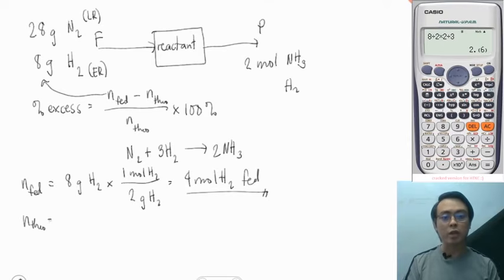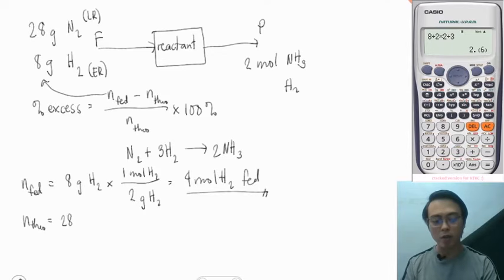Where do we start with this? For N theo, if you're pertaining to one of your excess reactants, you always start with the amount of your limiting reactants. So we start with 28 grams of nitrogen. We convert this to moles, so we divide this by its molecular weight, 28 grams per mole.